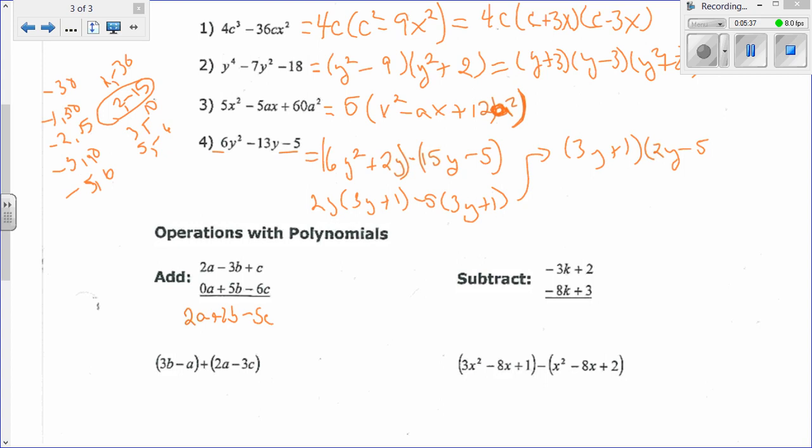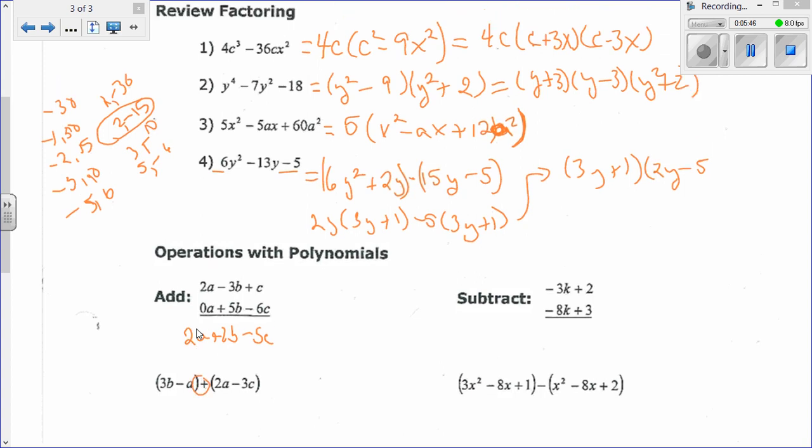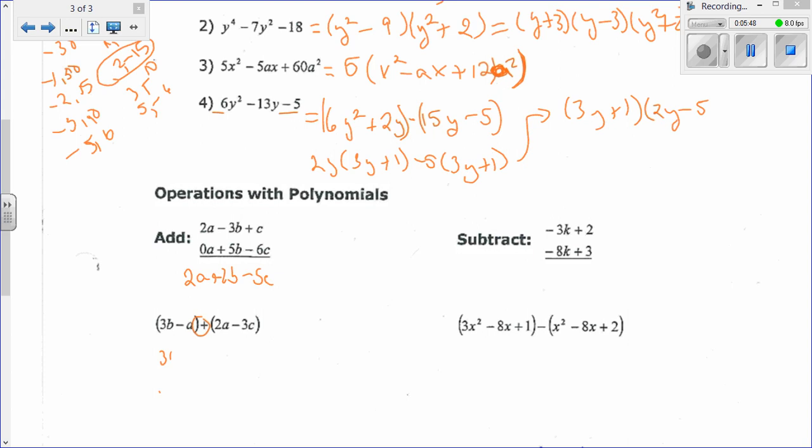For the one right below it, 3b minus a plus 2a minus 3c. When I have a plus sign in between parentheses, I can simply throw out the parentheses, so it's really just 3b minus a plus 2a minus 3c. Oops.